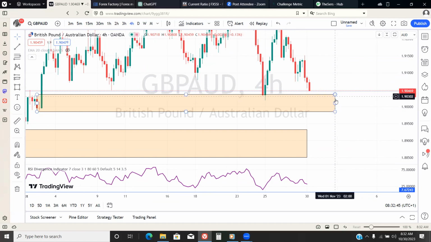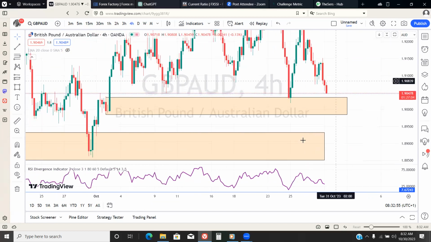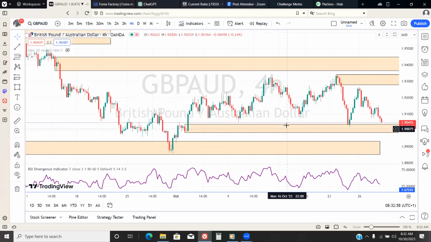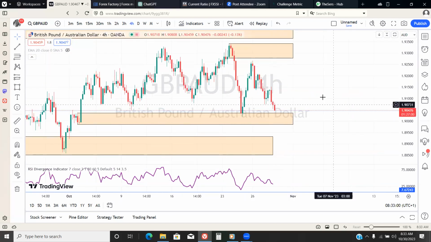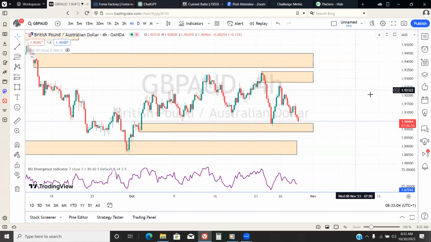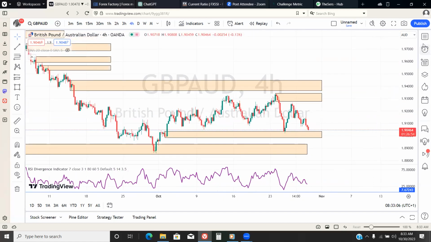So that is where I'm expecting them to come to, that we will look for opportunity to buy on GBP AUD. So I'll still position myself for a good buy on GBP AUD.